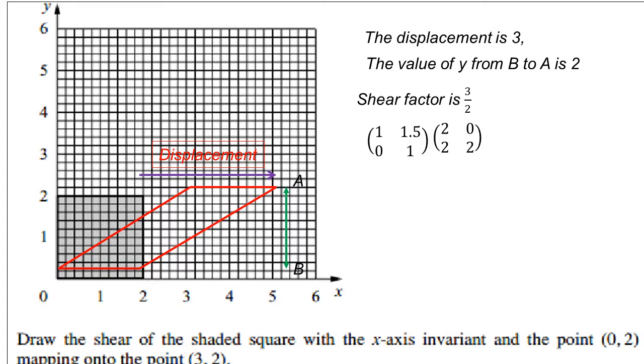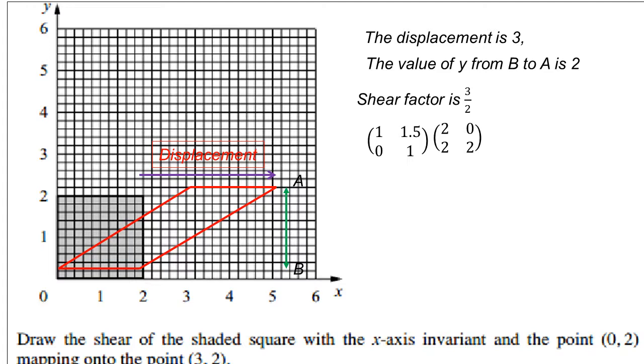Now if you multiply that by the coordinates, this is what you get. 1 times 2 is 2, and 1.5 times 2 is 3, so the new x coordinate value is 5. The new y coordinate value is 0 times 2, which is 0, plus 1 times 2, which is 2.